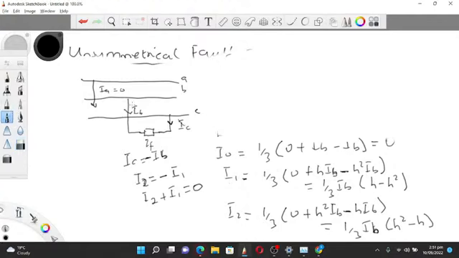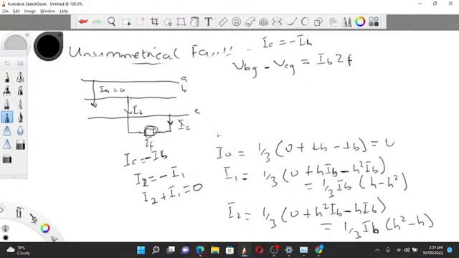Okay, so from here, there's a fault at B, there's a fault at C. If I want, let's say, the drop across here, it will be VBG. Since I'm taking IC as negative IB, I can also say that VBG minus VCG will give us IB ZF.